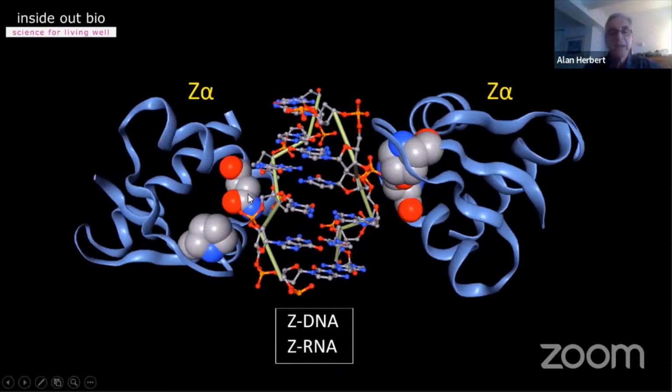And from that, then it's possible to deduce that ZDNA is actually the functional element that Z alpha is responding to, and is actually controlling the phenotypes that were observed.